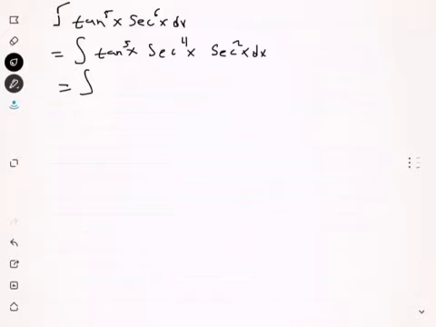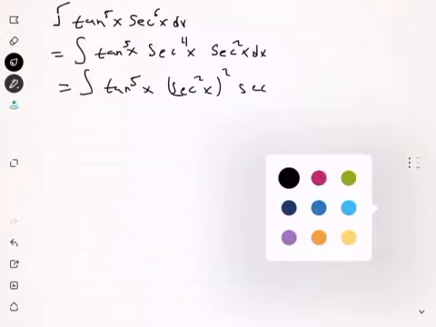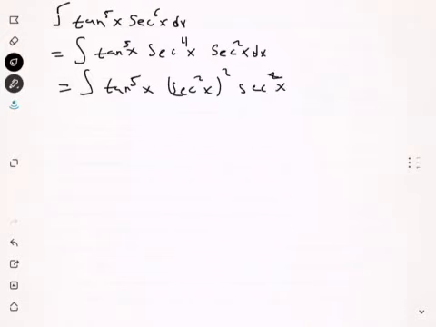Because we save the secant square, we're gonna go ahead and write this as tangent to the fifth power and secant to the second power squared, times secant square x dx.